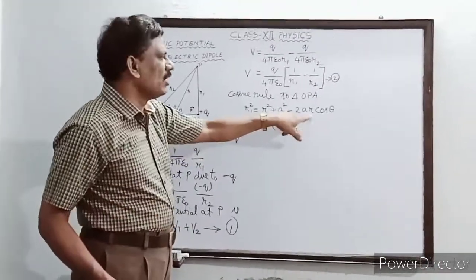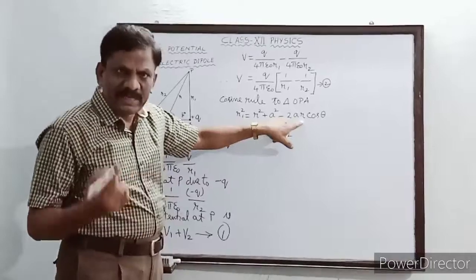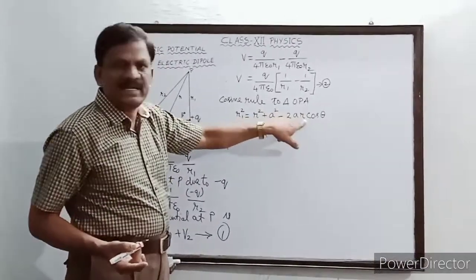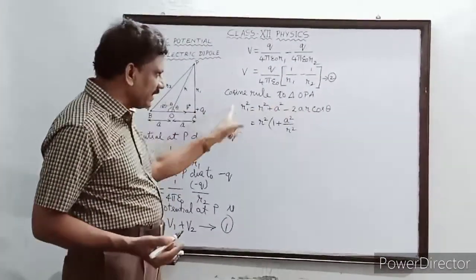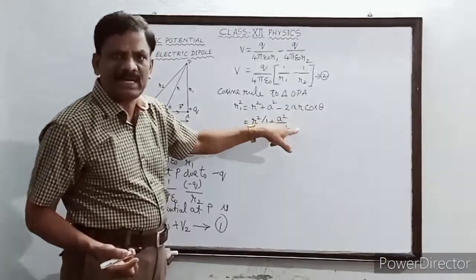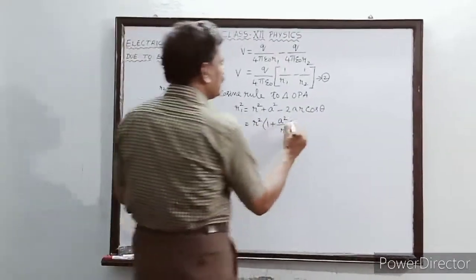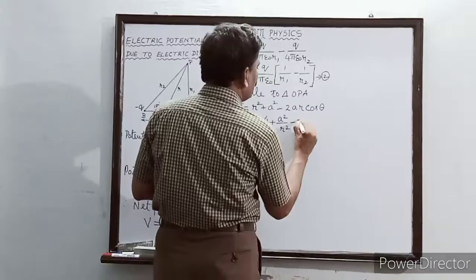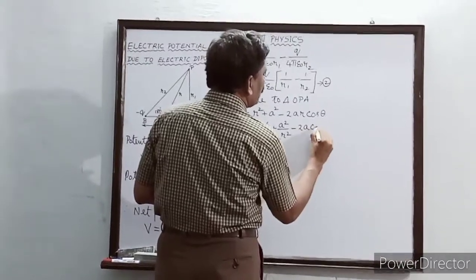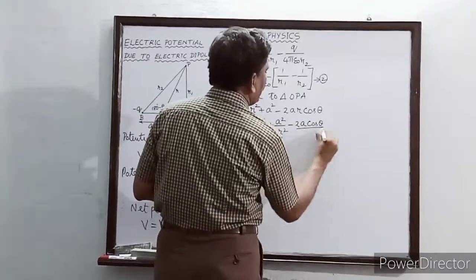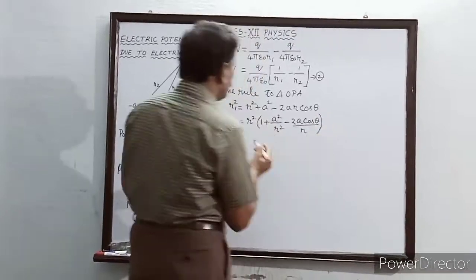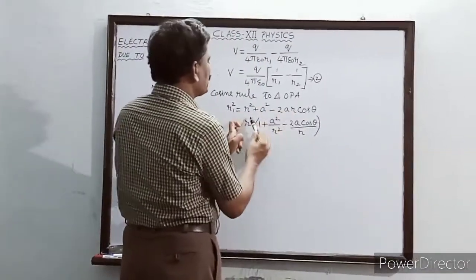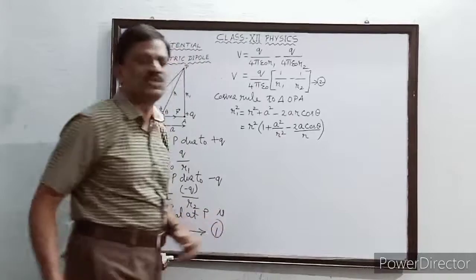But here there is no R square term for the third, so I can multiply by R and divide by R. So that when R square is taken out, 2A cos theta by R will come. So this is minus 2A cos theta by R, so that when multiplied, R square and R get cancelled, and we get minus 2AR cos theta.